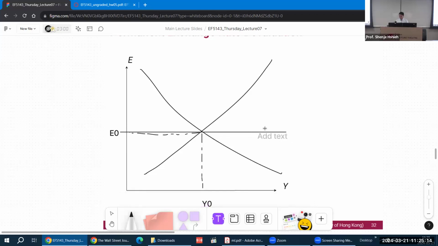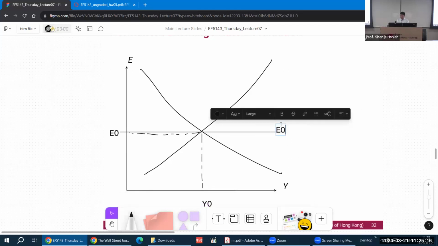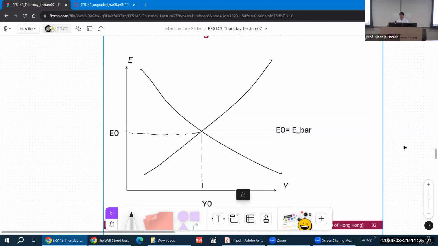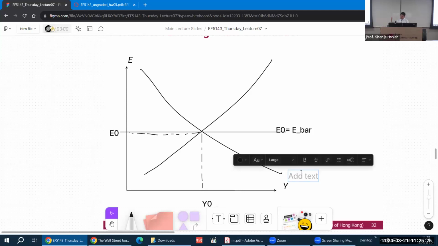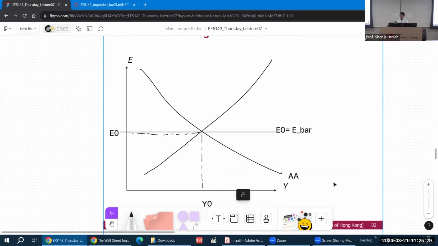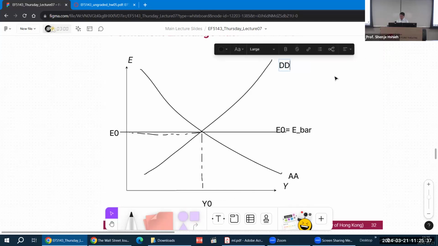This is E naught equals E bar. And we all know if we have a peg, you can't conduct monetary policy. But if you intentionally devalue the currency permanently, you can.